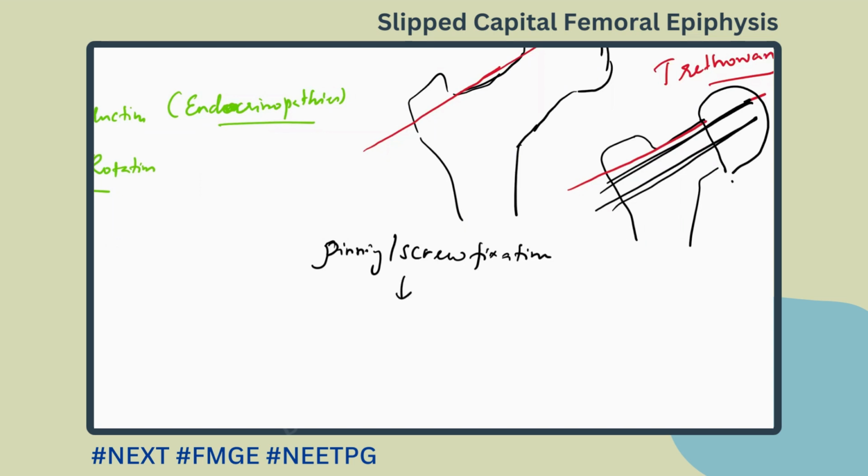This condition can occur bilaterally. So on the opposite side, even if it is normal and not slipping, you can do prophylactic pinning to prevent slippage.